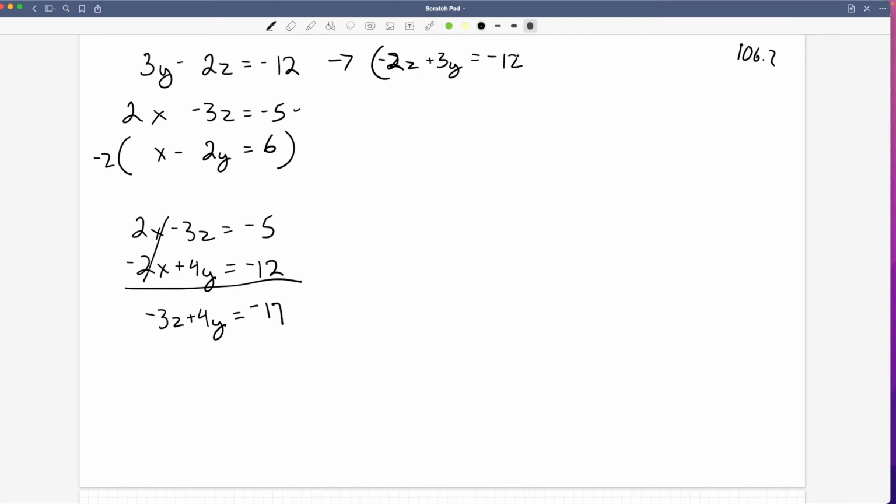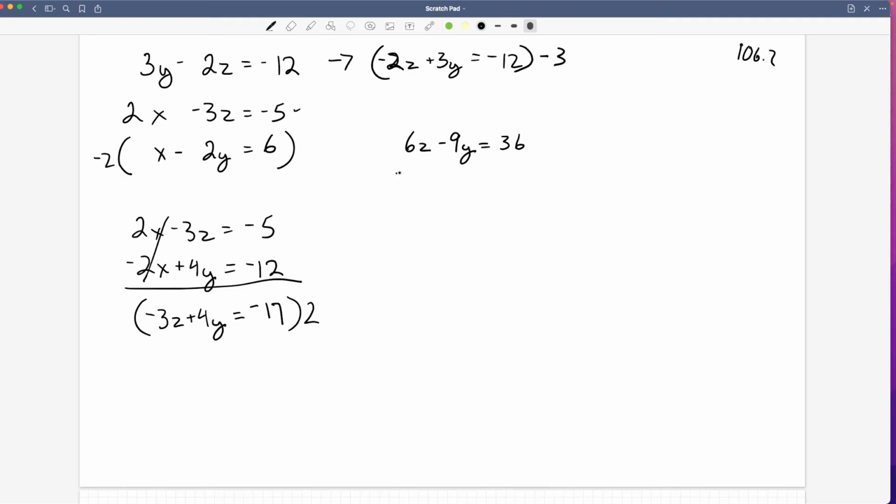So I'm going to multiply this by a negative 3. So that would be a positive 6z, negative 9y equals a positive 36. Right, and I'm going to multiply this by 2.